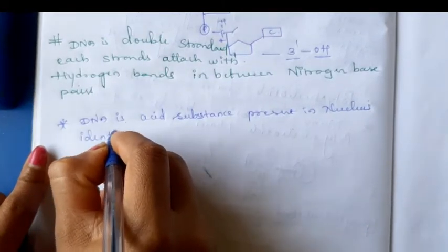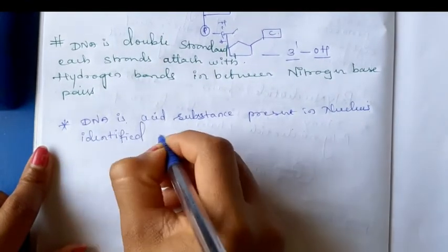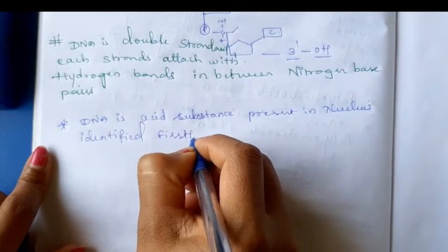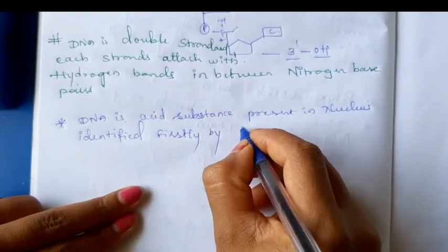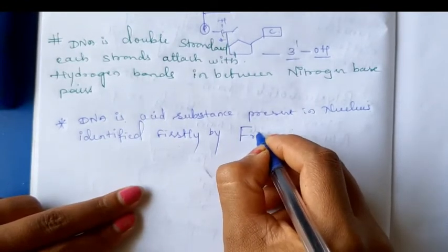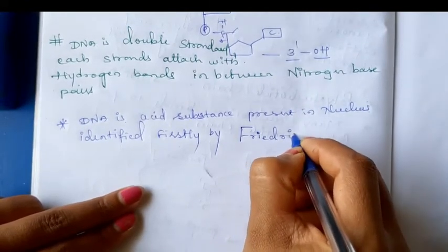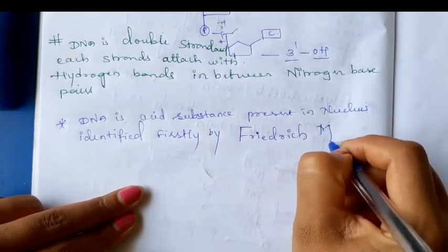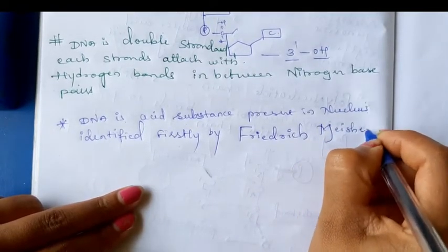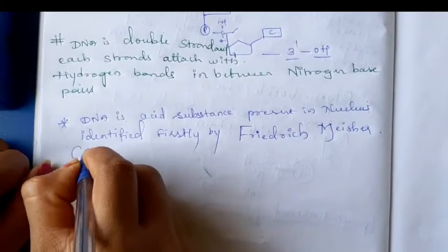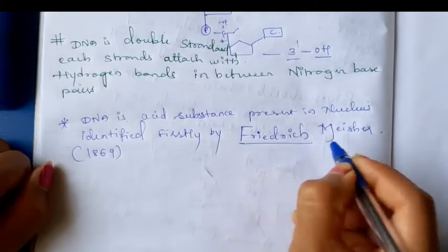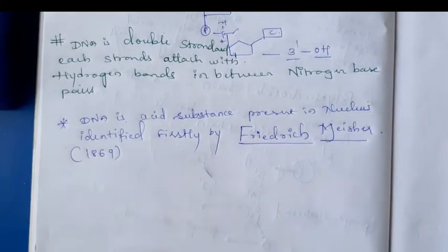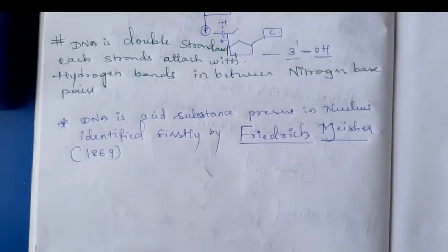It was identified firstly by Friedrich Miescher in the year 1869. He is the scientist who first identified the DNA.